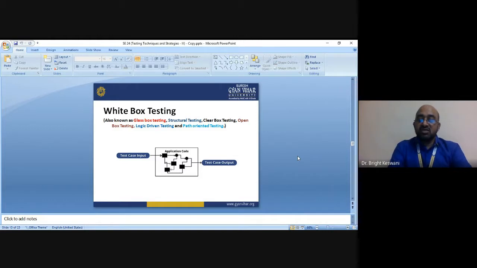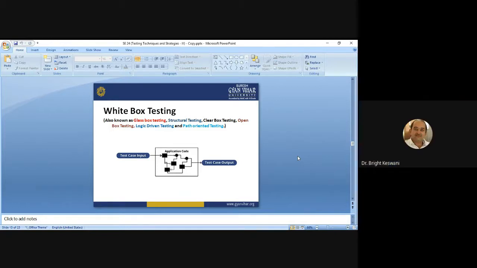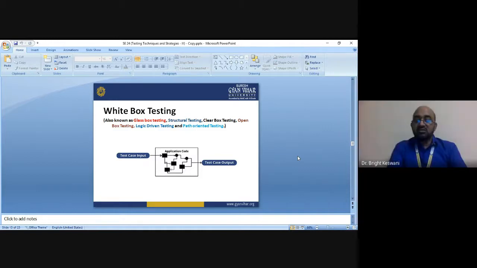White box testing is a software testing approach that examines the program structure and derives test data from the program logic. Okay, white box testing requires intimate knowledge of program internals, while black box testing is based on knowledge of the system requirements.